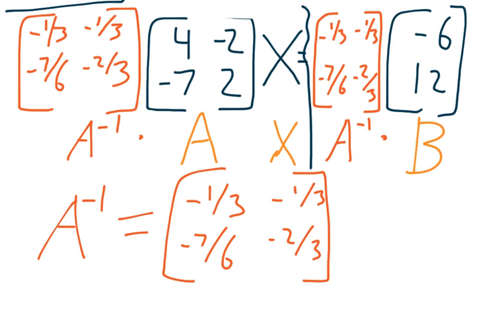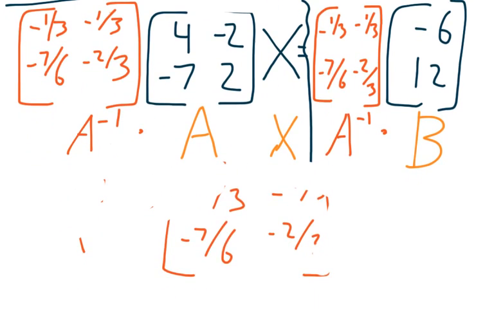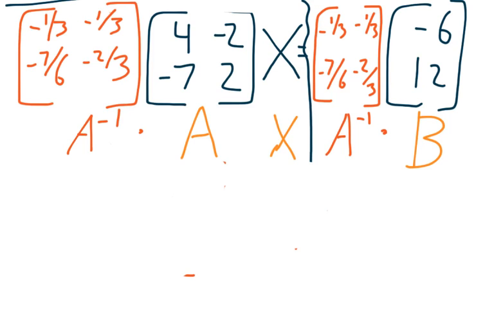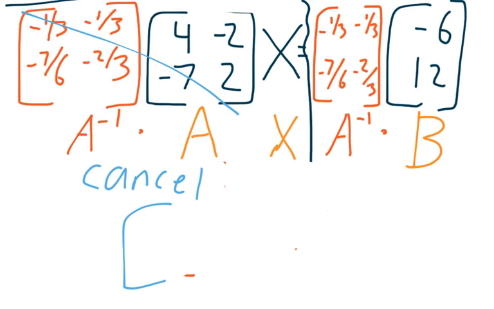What just happened is that the inverse of A times A cancels out because they're inverses. They become the identity matrix. And I still have X, and it equals the product of these two matrices right here.